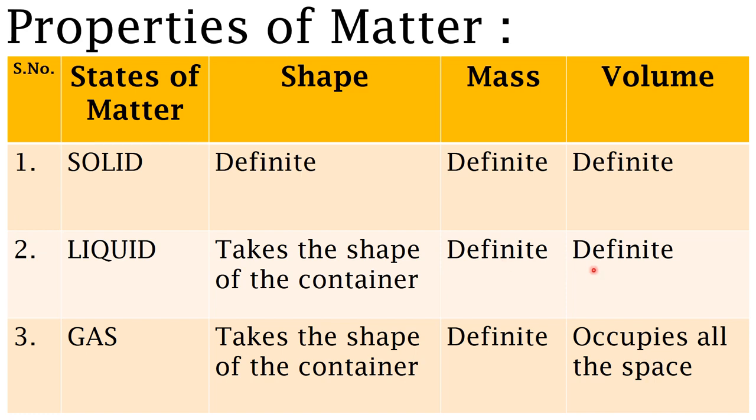As far as volume is concerned, it is also definite. For the third state, that is gas, they take the shape of the container. As far as mass is concerned, they do have fixed or definite mass. Volume, they occupy all the space available to them.